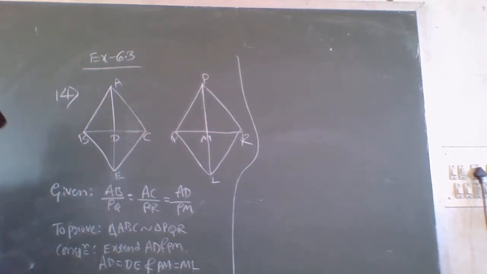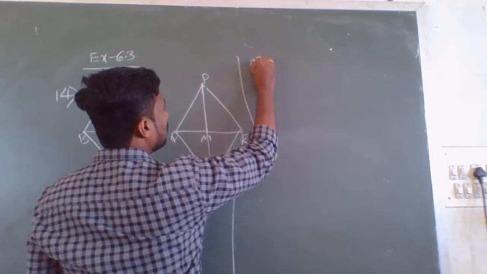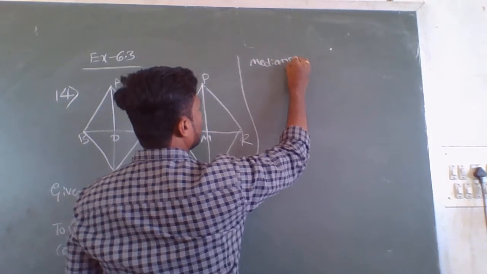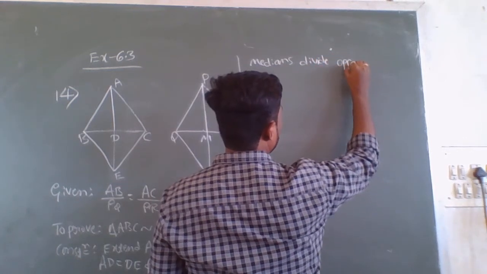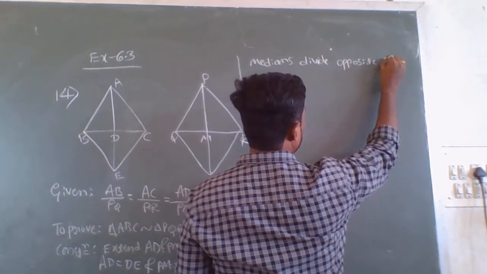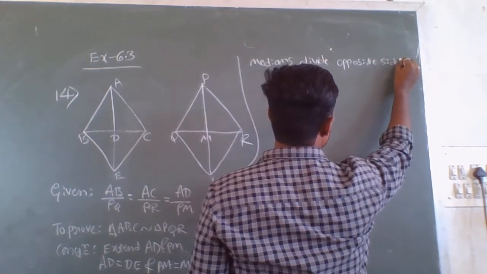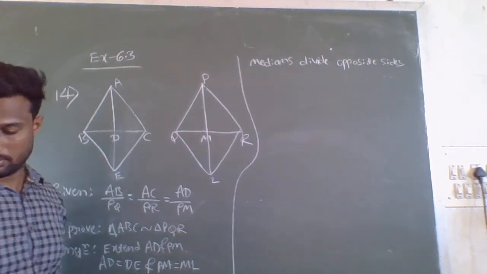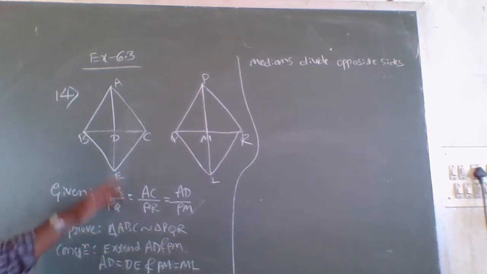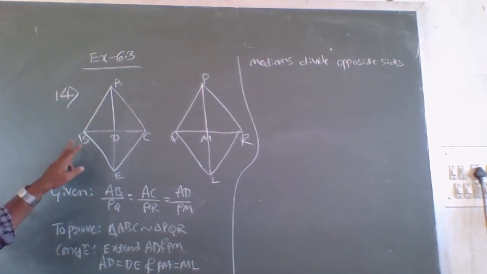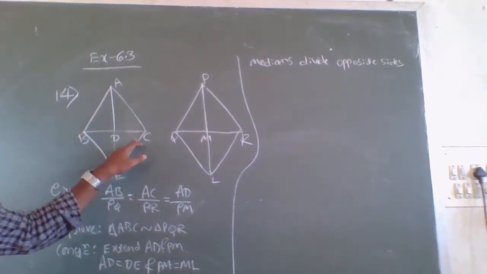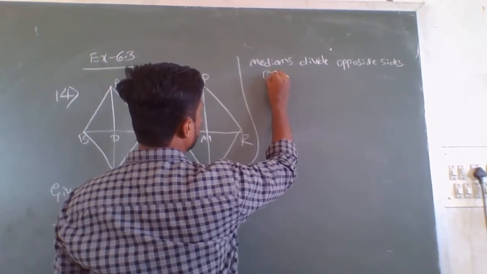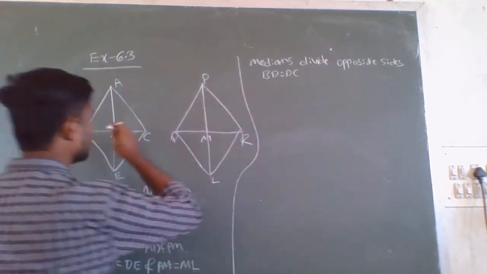Therefore, AD divides the opposite side BC, so BD is equal to DC, because medians divide opposite sides.